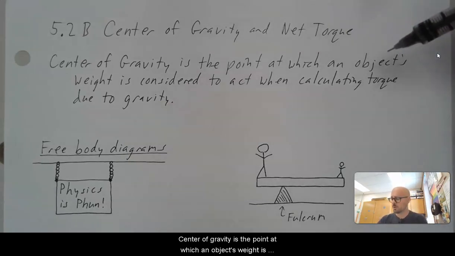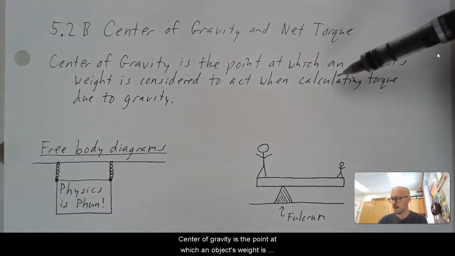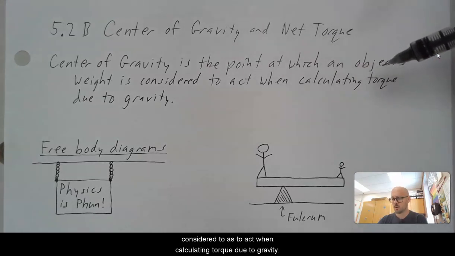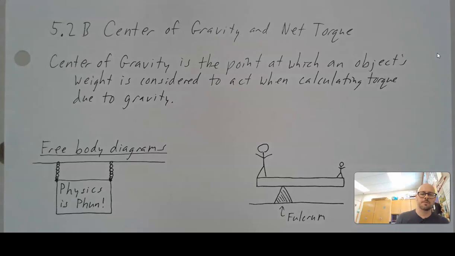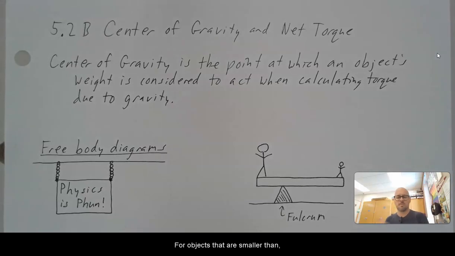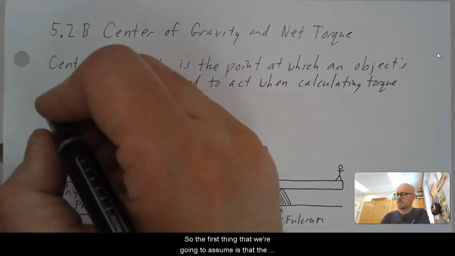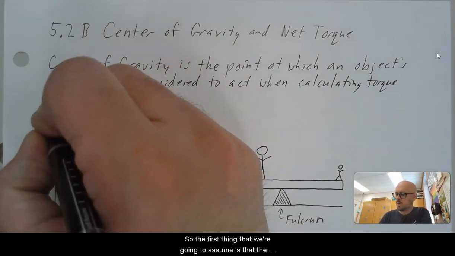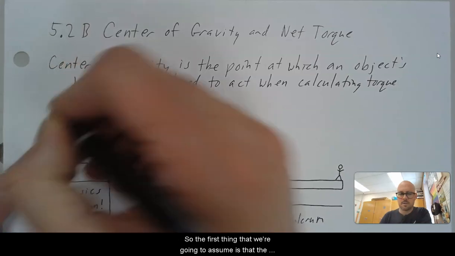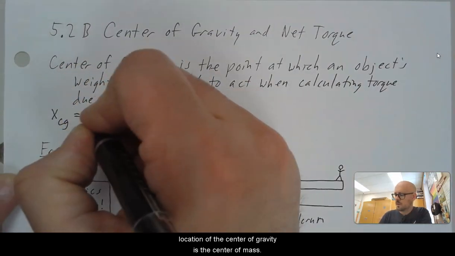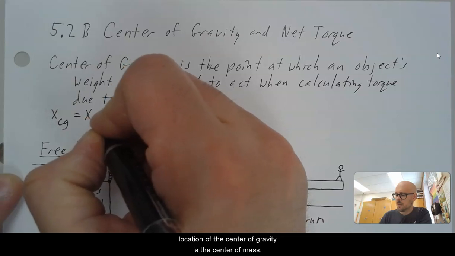Center of gravity is the point at which an object's weight is considered to act when calculating torque due to gravity. For objects that are smaller than, let's say, an ocean liner or a skyscraper, the center of gravity and the center of mass are in the same place. So the first thing that we're going to assume is that the location of the center of gravity is the center of mass.